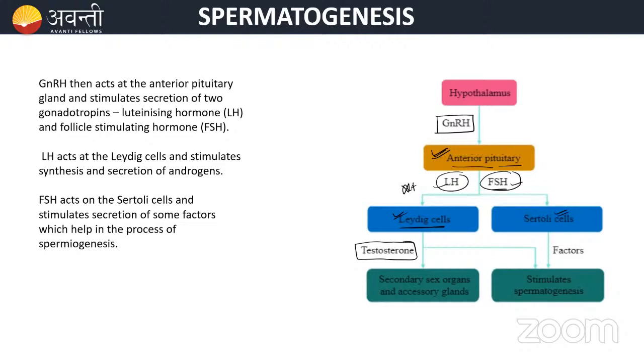When FSH acts on the Sertoli cell, it produces some types of factor. And what are those factors? They are ABP, the androgen binding protein.